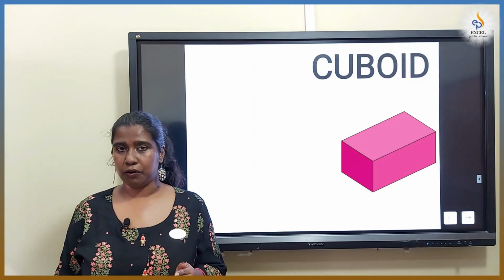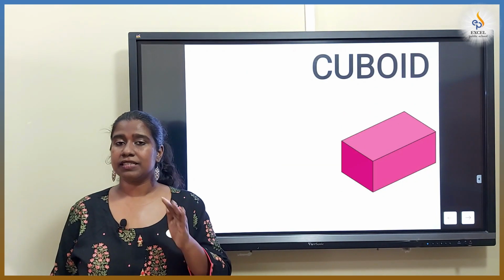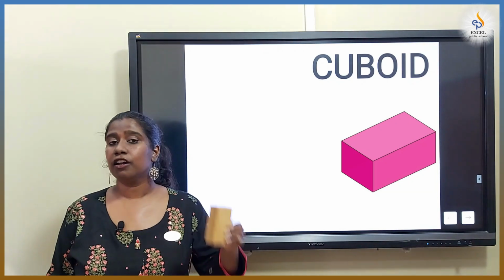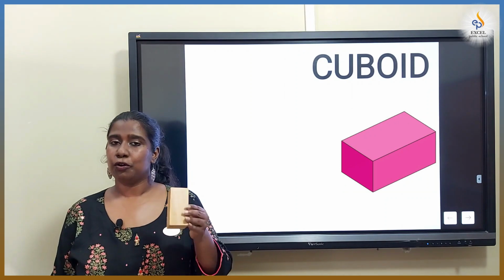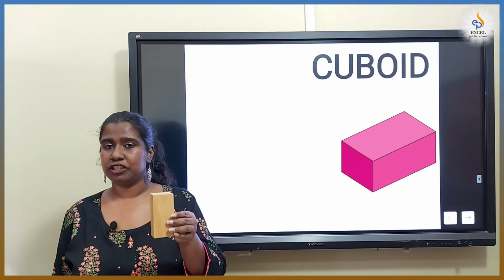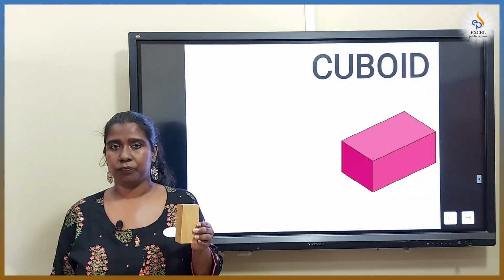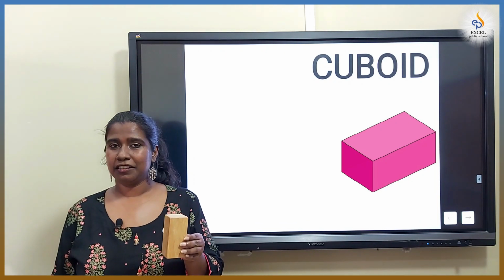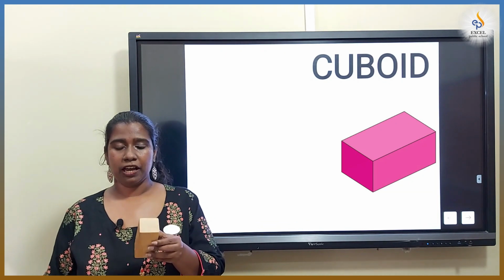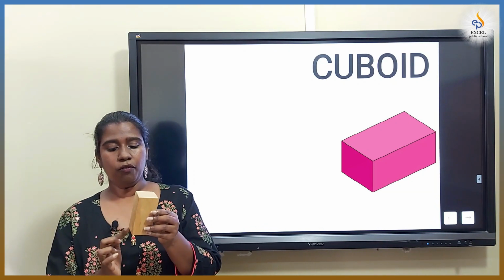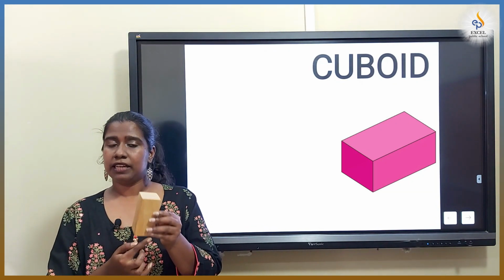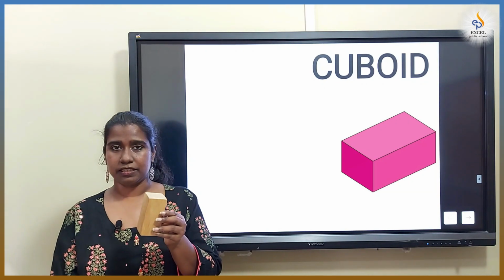Now, pause your video and go and find something similar to a cuboid. I hope you have found a shape which is similar to a cuboid. Shall we start counting? In a cuboid, we have 4 vertices at the top, 4 vertices at the bottom. That means there are 8 vertices.